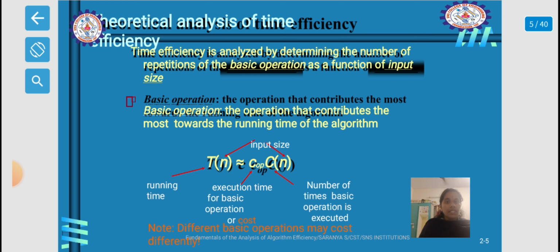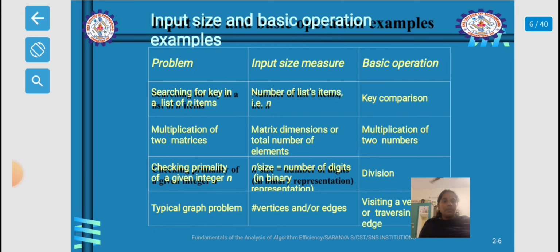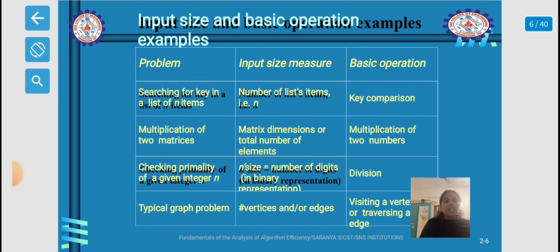T is the running time, n is the input size, C op is the execution time of the basic operation, and C of n is the number of times the basic operation is executed.